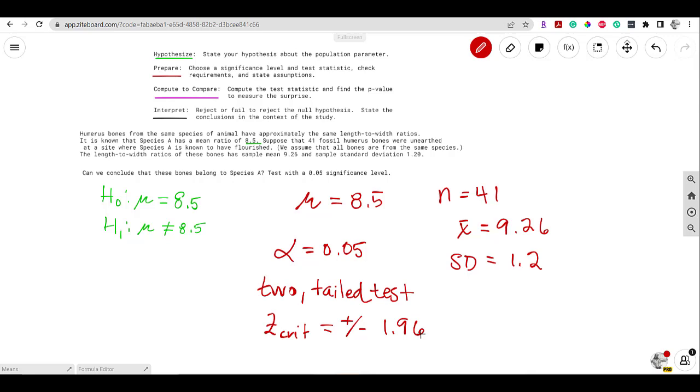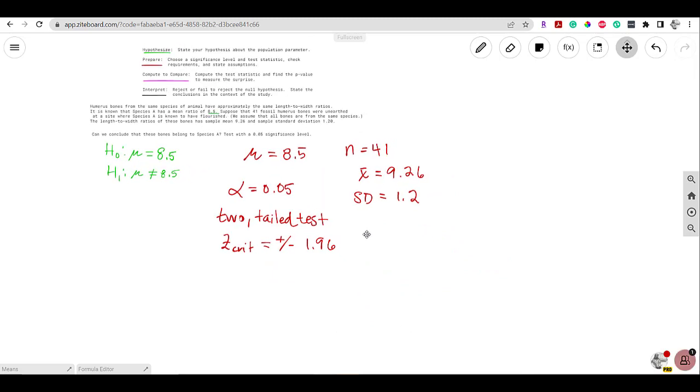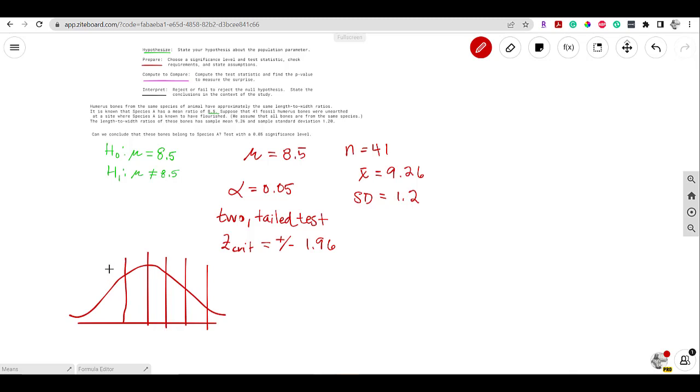All right, so let me start to draw out this information. Okay, so I've got my normal curve right here. I'm going to go ahead and set up my z-scores: 0, 1, 2, 3, negative 1, negative 2, negative 3.